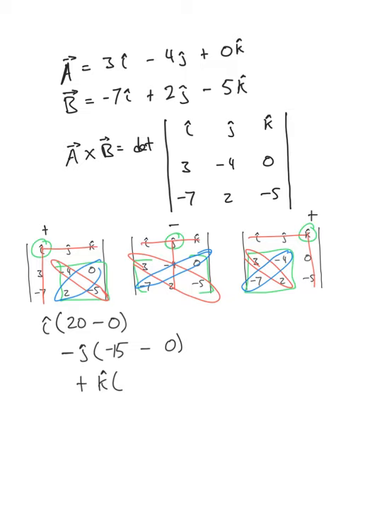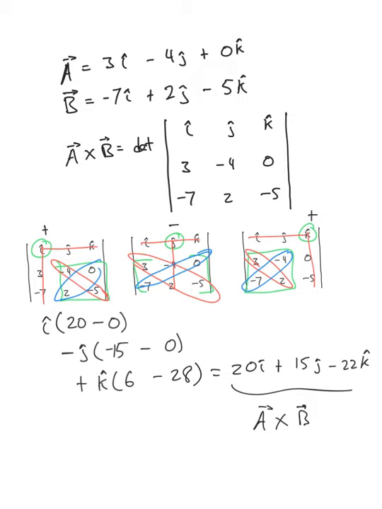So we have 3 times 2, which is 6, minus negative 4 times negative 7, which is a positive 28 that we are subtracting out. Simplifying this down, I get 20 i hat plus 15 j hat minus 22 k hat as my final answer. So this is the final result of the vector A crossed with B.